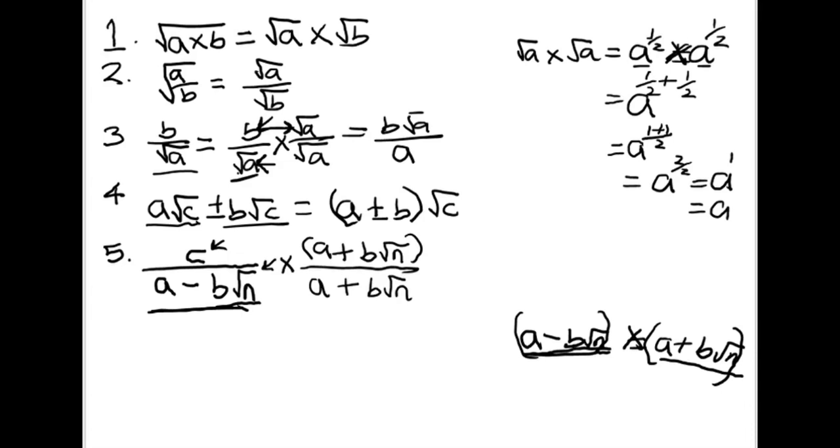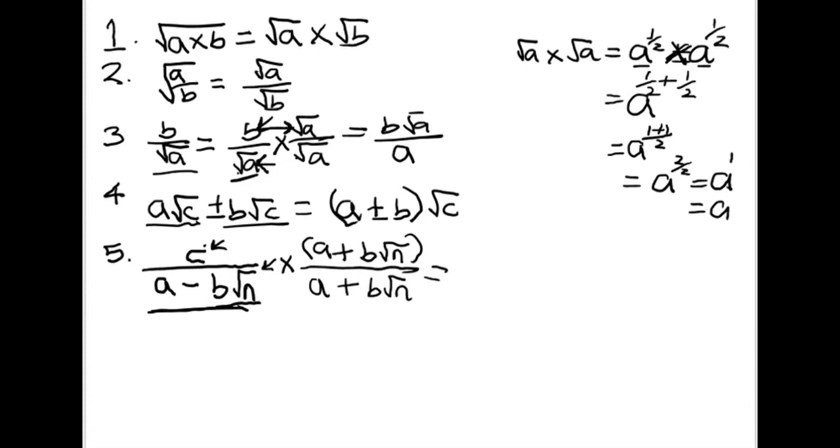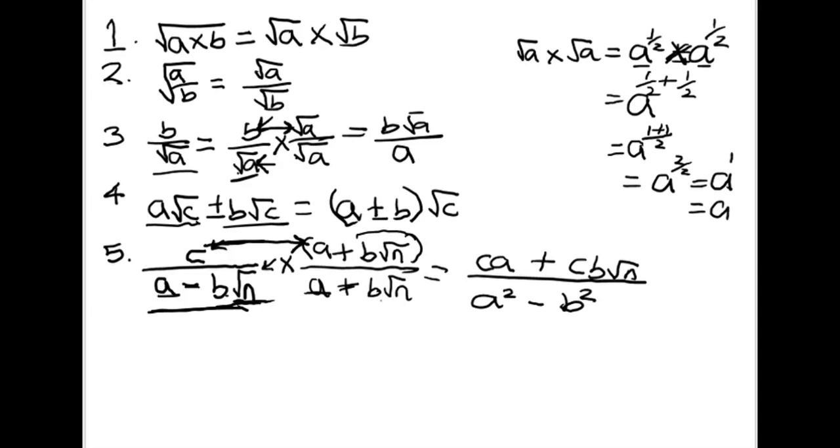All right, this time let me clean this so I can have space. So I'll multiply the numerator by the numerator. C times A is CA plus C times B root n, that's CB root n, all over A times A. A times A is A square, minus times plus is minus, B times B is B square, and root n times root n is n.